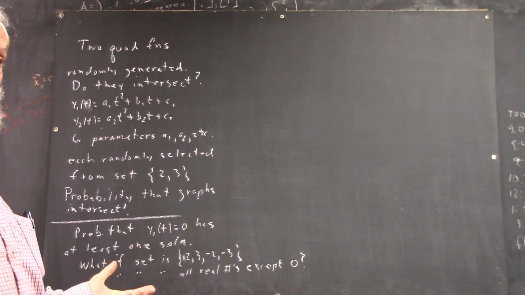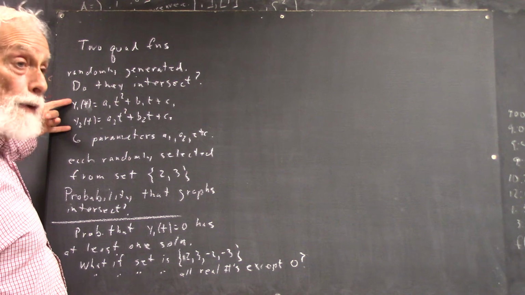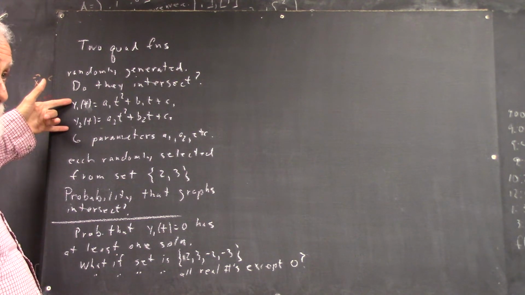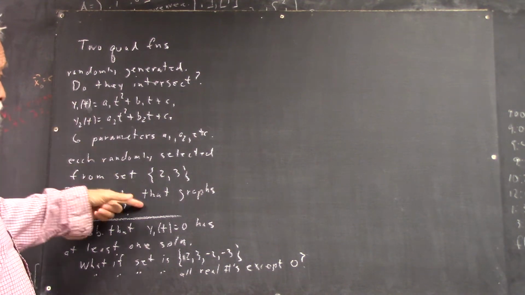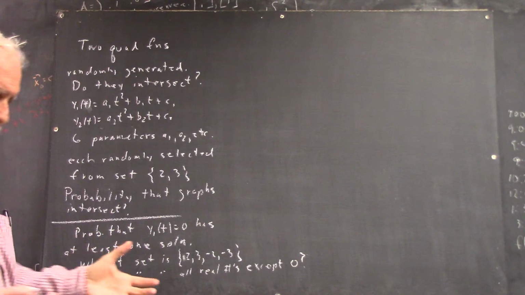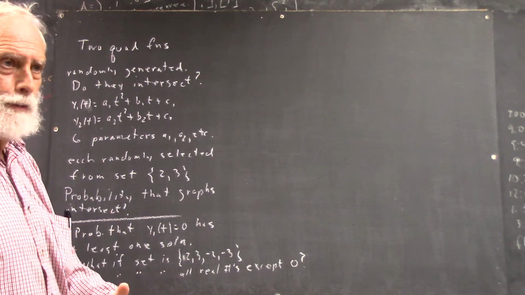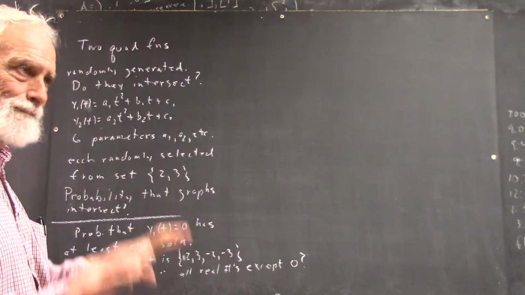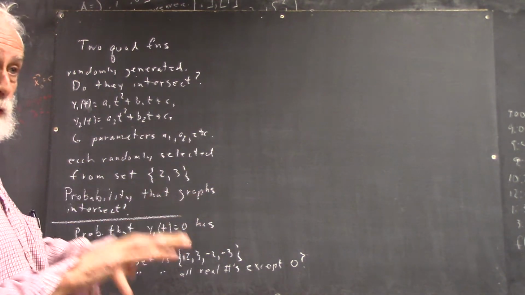What's the probability that the graphs of those 2 functions intersect? Now, it's still kind of a hard question because there's a distribution involved, and we don't want to deal with probability distributions too much. It takes us too far from what we can reasonably do in this course.